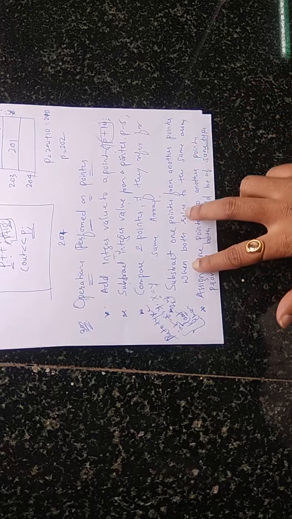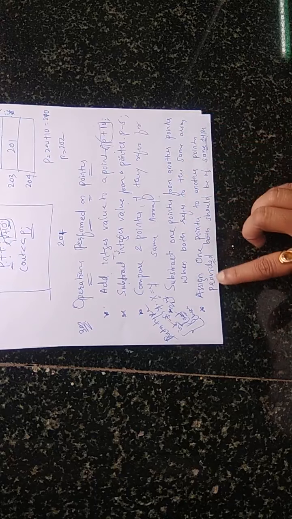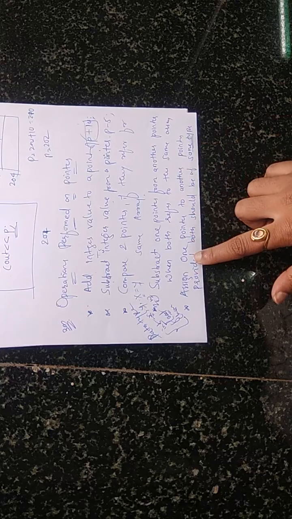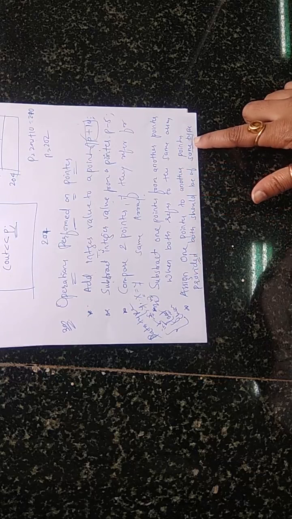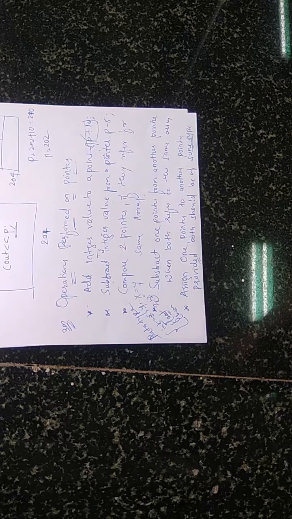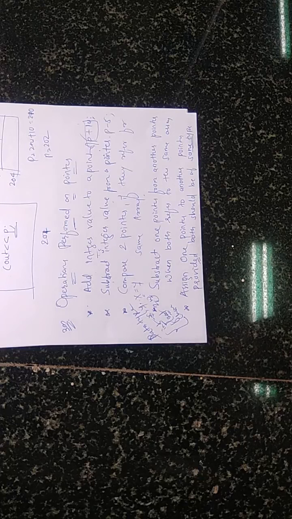But when the pointers are referring to different arrays, that is not possible. The last one is we can assign one pointer to another pointer when both are of the same type. Same type means the same data type: integer, float or character. If you are assigning one pointer to another, both should be declared with the same data type.